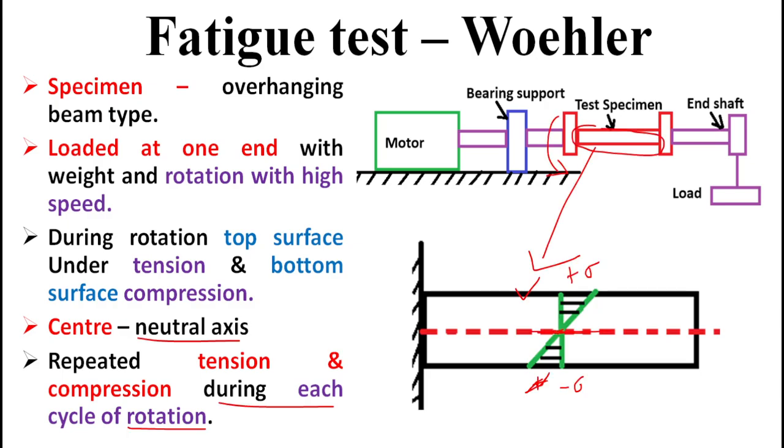The specimen is an overhanging beam type, with one side loaded with weight and the other rotating at a speed of 6,000 to 10,000 rpm. During rotation the top surface is under tension and the bottom surface under compression, and the neutral axis has no stress. This repeats tension and compression during each cycle.